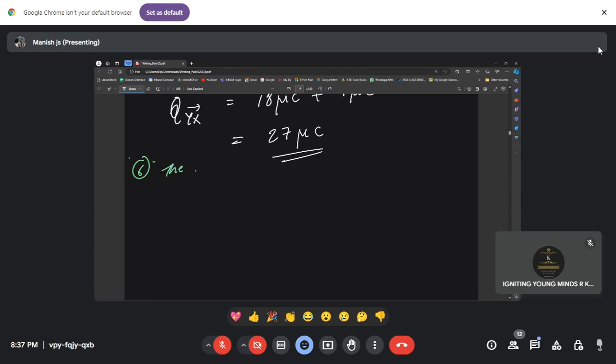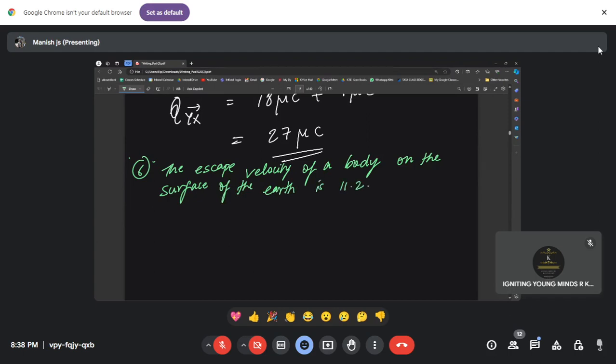Yeah, the escape velocity. The escape velocity of a body on the surface of the earth is 11.2 kilometers per second.